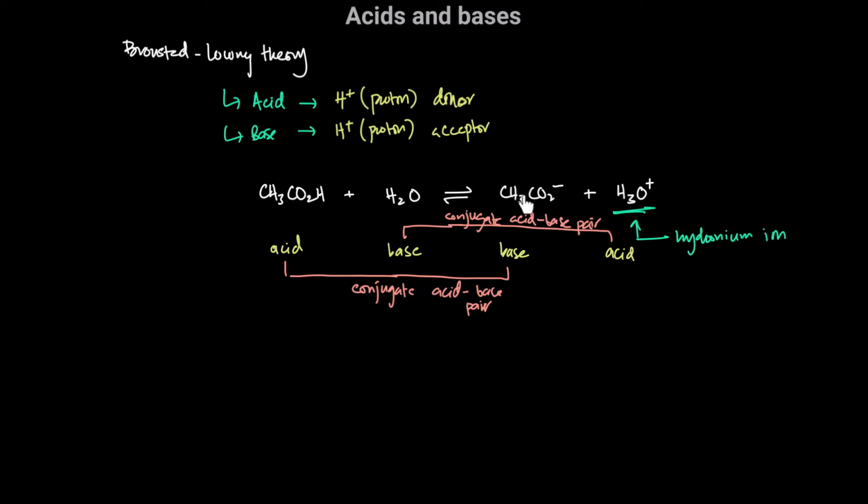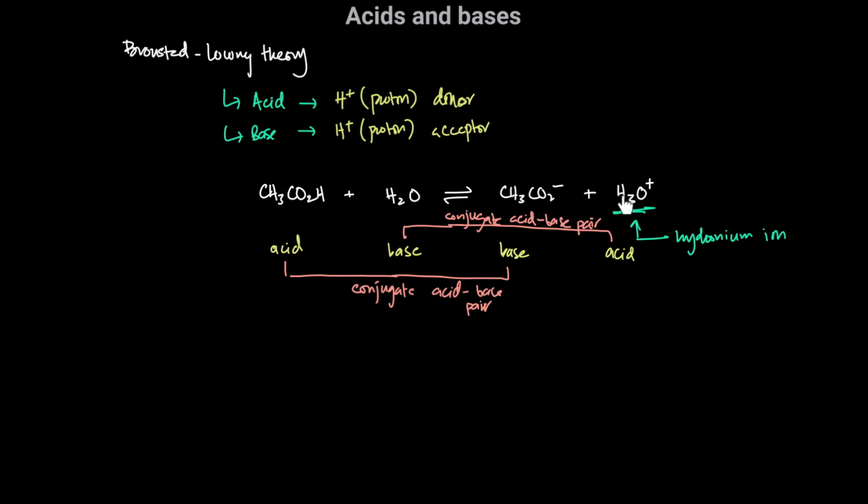So the ethanoate ion is the conjugate base of ethanoic acid, and ethanoic acid is the conjugate acid of the ethanoate ion. Similarly, if H2O is a base here, its conjugate acid is the hydronium ion, because when H2O accepts a proton, it forms its conjugate acid.